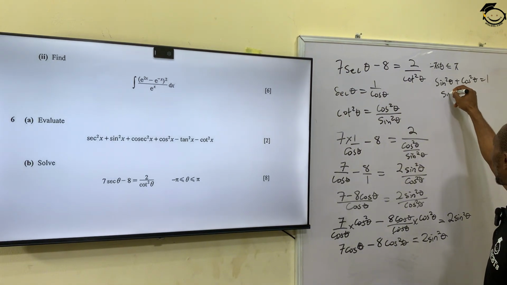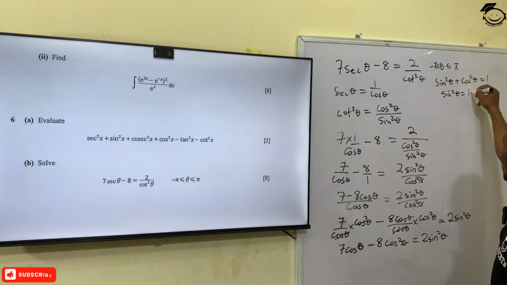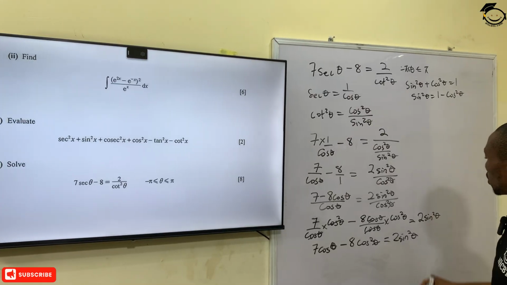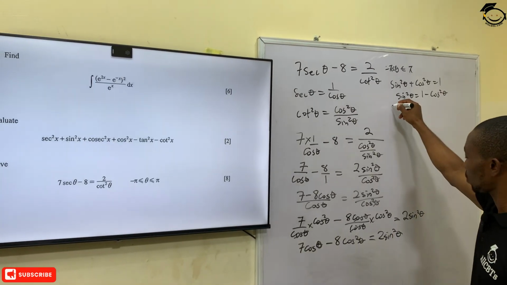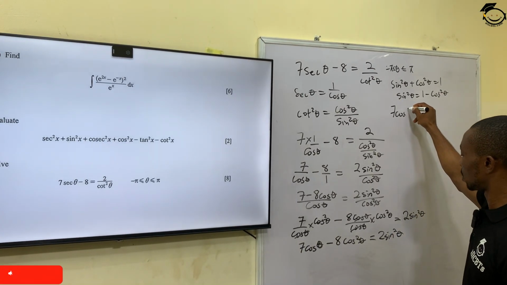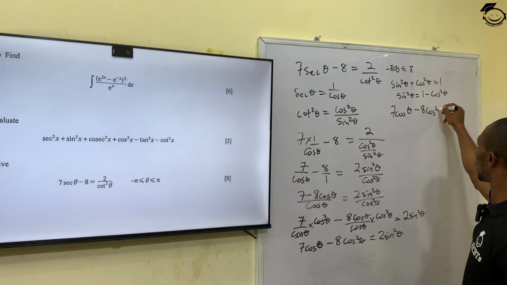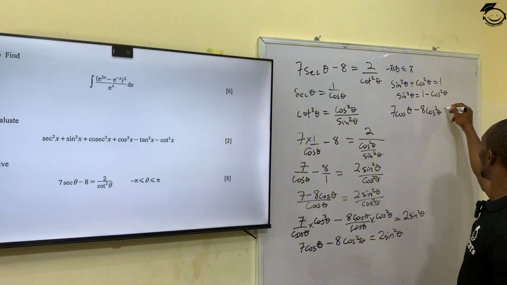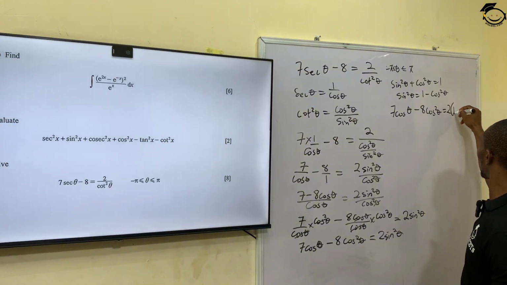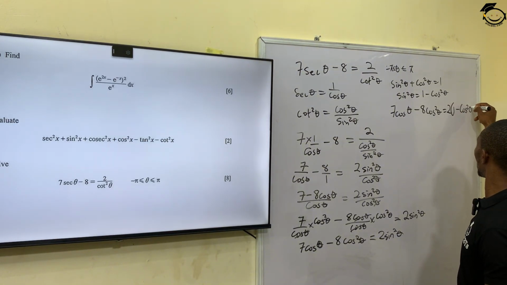So our sine squared theta equals 1 minus cos squared theta. Now, replacing that here, we'll have 7 cos theta minus 8 cos squared theta equals 2 bracket 1 minus cos squared theta.